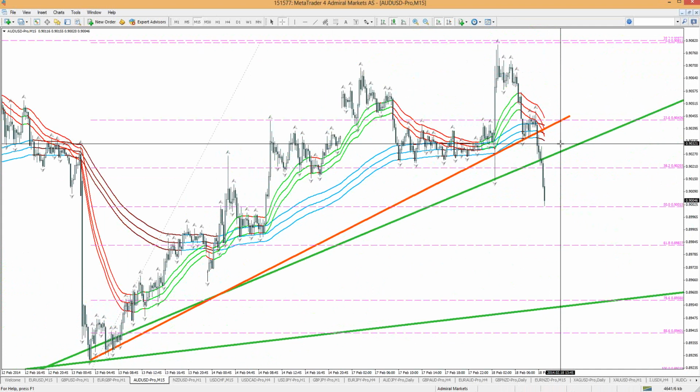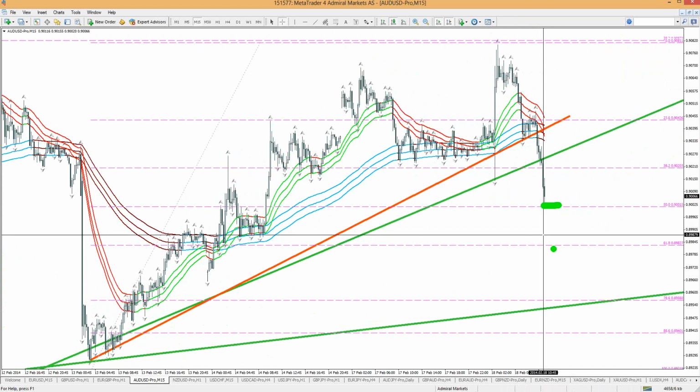Maybe it's a tad lower than that, R to R. I don't know, maybe a quarter could make sense, or a third. I think half might be too much. You could take maybe a quarter here, for instance, and half here, or another quarter, and let the other quarter run. Although that's a lot of trade management, so it depends how much time you have, of course.